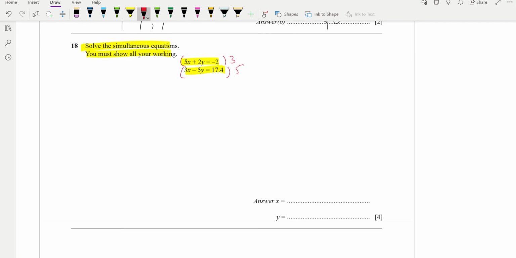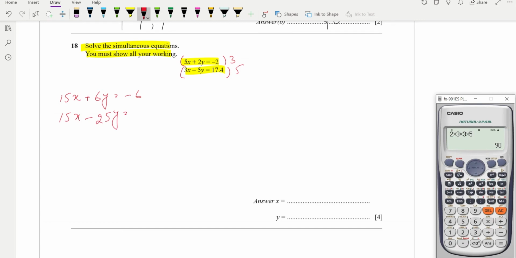The equation which we'll get will be 5x multiplied by 3 will be 15x, and plus 2 into 3 will be 6y is equal to minus 6, and the second equation multiplied by 5 will be 15x minus 25y is equal to 17.4.